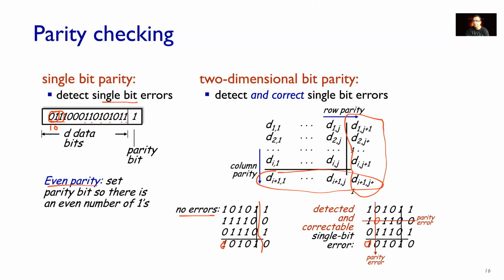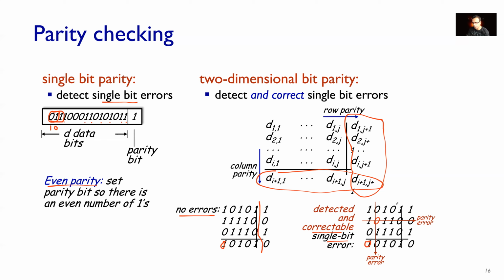So in fact, in this case, you can actually identify which bit was in error, and you could actually correct that error. So 2-dimensional parity will actually not only detect single bit errors, but it will allow you to correct them. However, again, note that this is not very robust. I think it will detect all 2-bit errors.